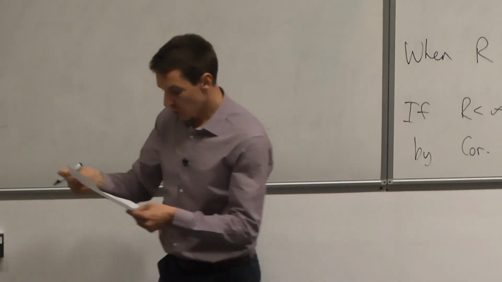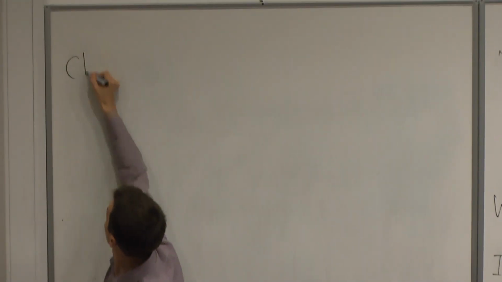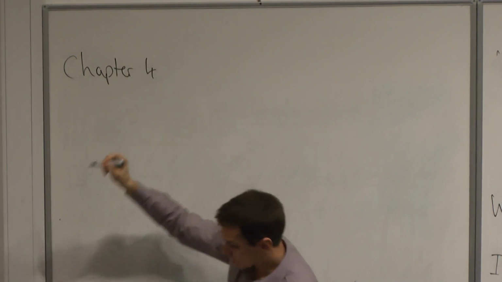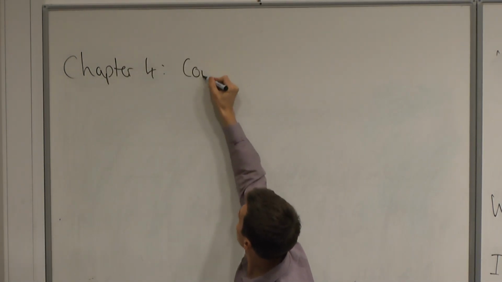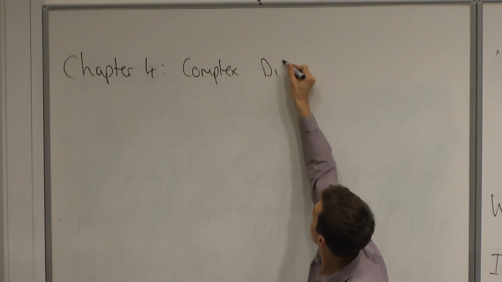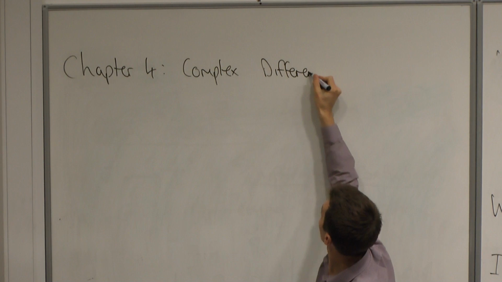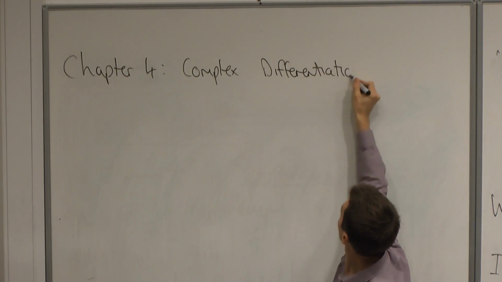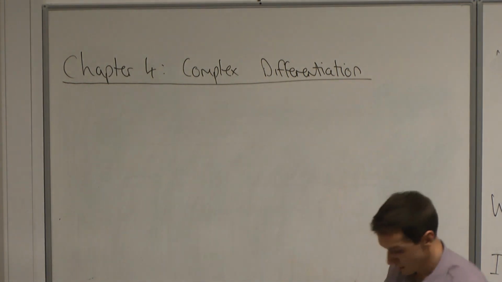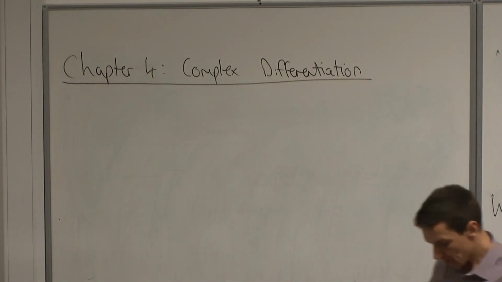So this is chapter 4, or chapter 17 if you follow in the book. So, complex differentiation. Right.